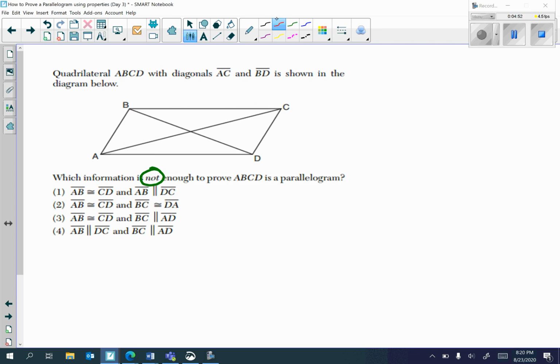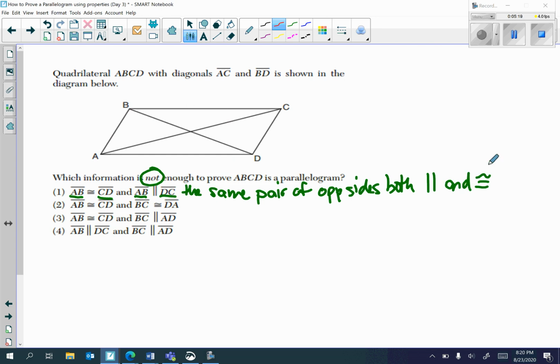AB is congruent to CD and AB is parallel to CD. Notice this is what we just proved before. Yes, this is the same pair of opposite sides, both parallel and congruent. That is a way to prove it's a parallelogram, so this answer choice is out.